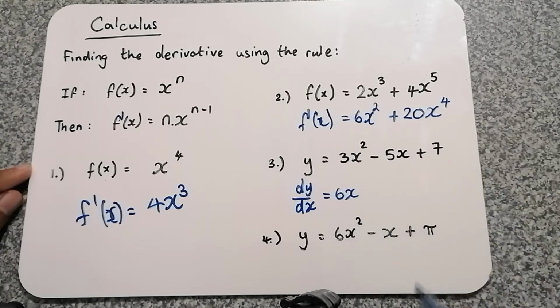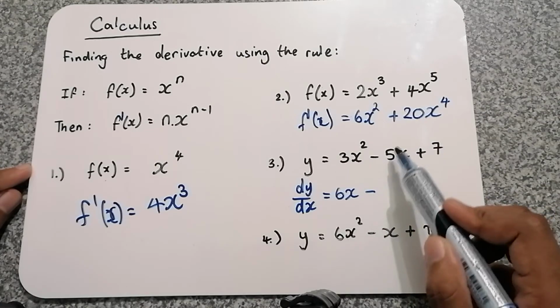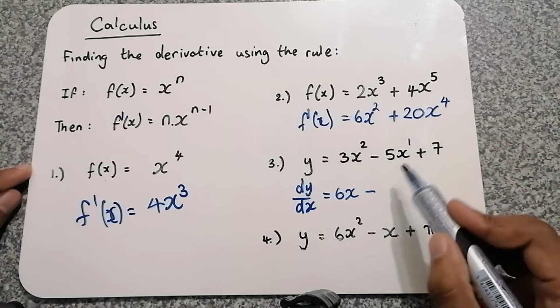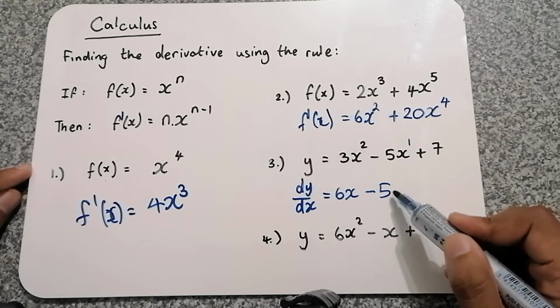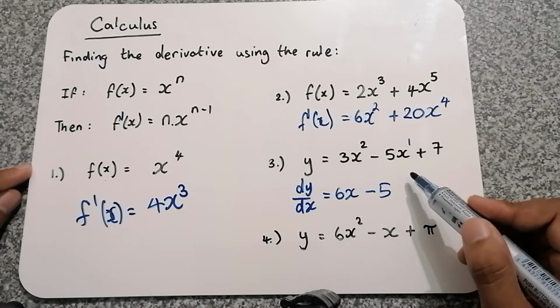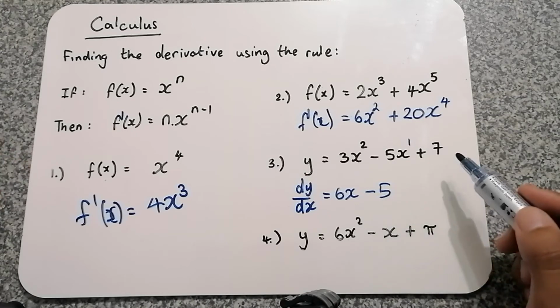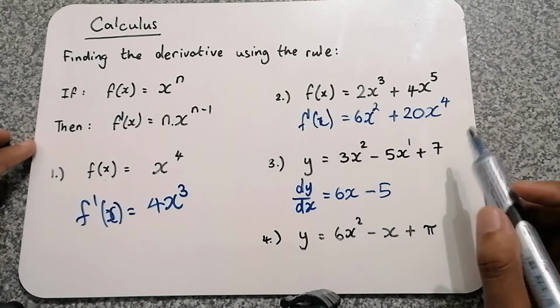Okay, 1x. Now here, minus 5x, so the exponent here is an invisible 1. And if we multiply that with the negative 5, we still have the negative 5. But then we have x to the power of 0, right? So x to the power of 0 is just 1, so we just stay with the negative 5, because once you multiply 1 with negative 5, it stays negative 5.